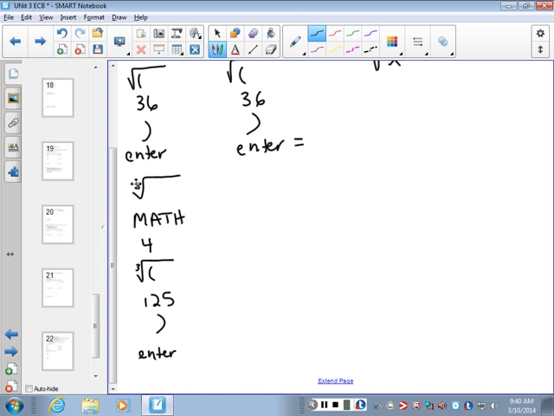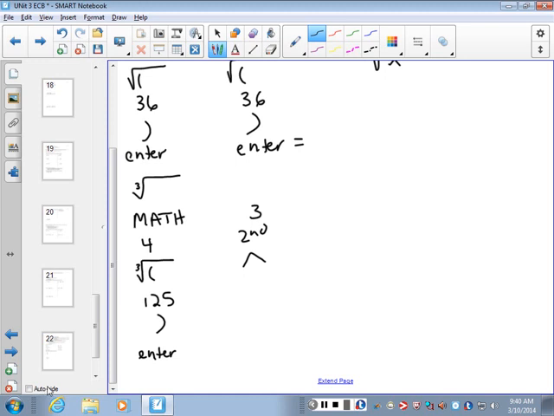If you have this one, the one that holds the display, you actually have to enter your index first. You have to enter the index first for anything above a square root. So our index on a cube root is 3. The first thing you're going to do is type a 3. Next, it's second, and the key that looks like a little roof of a house, your caret key.